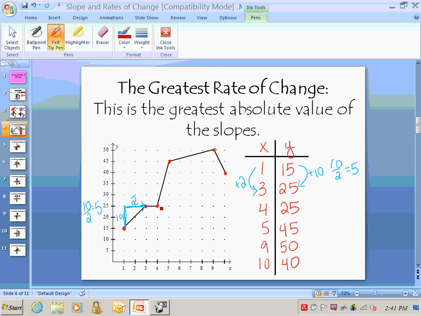I'm not rising any, so my rise is 0. And my run, I'm moving 1. So over here, my x, I'm going plus 1, plus 0. This is 0 over 1, which gives me 0. So this is a 0 slope.